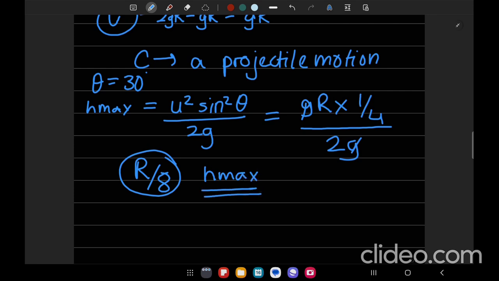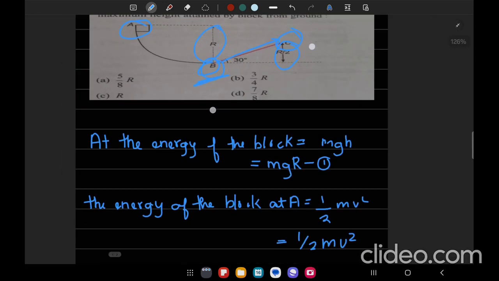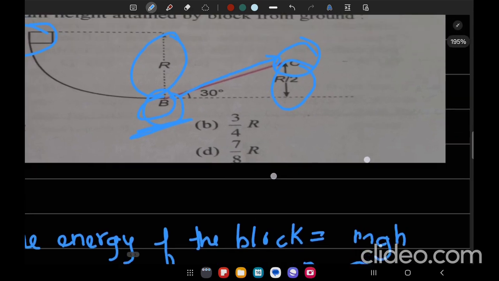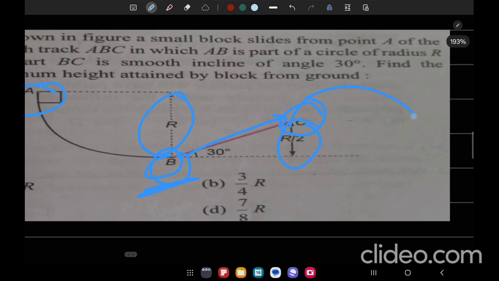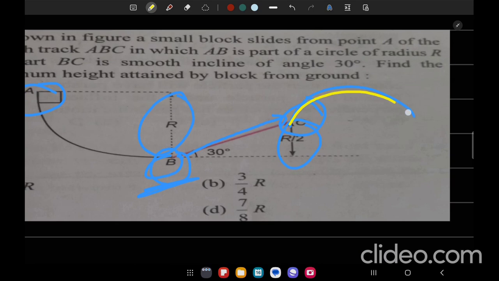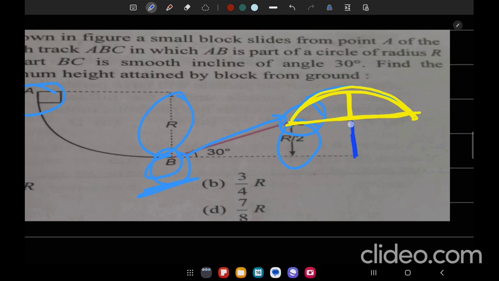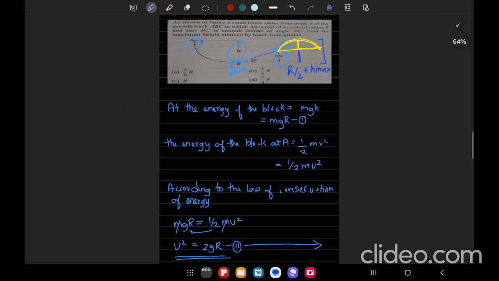But this is not our answer, as initially I told that we are taking a horizontal projectile from C. We are assuming a horizontal projection from C. So this height is r by 8 and this height is r by 2. So the maximum height attained will be r by 2 plus our h max, which we have found out.